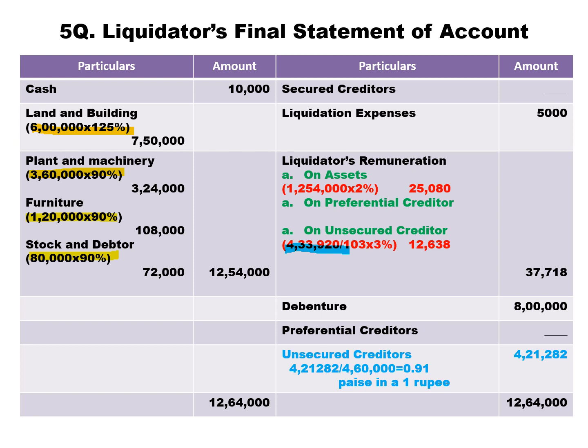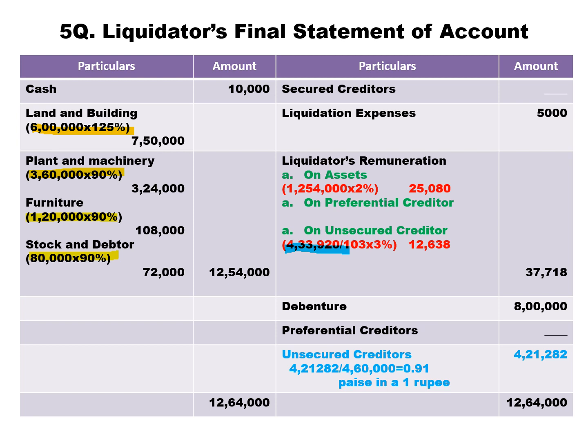Sufficient amount is not available. So when sufficient amount is not available, we apply the second formula: 4,33,920 into 3% divided by 103. Therefore, the liquidator remuneration is 12,638. So the liquidator remuneration is calculated on assets at 2%, and on unsecured creditors as 4,33,920 divided by 103 into 3.